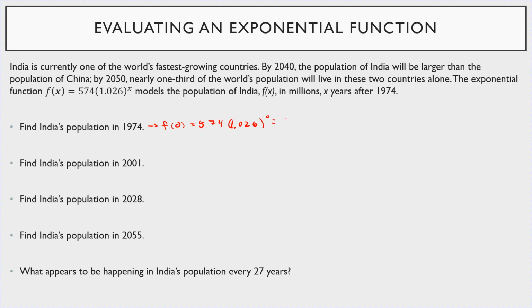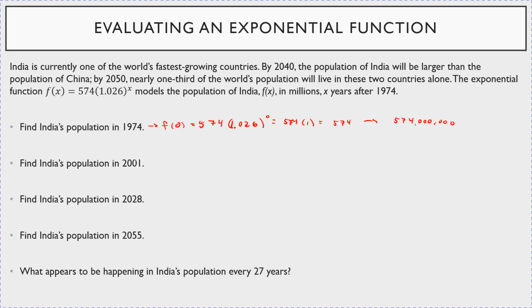Well, this just ends up being 574 times 1, which is 574. And now just remember that obviously there were more than 574 people there. So it's really 574 million people, because it models it in millions.